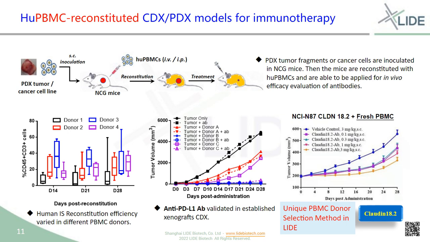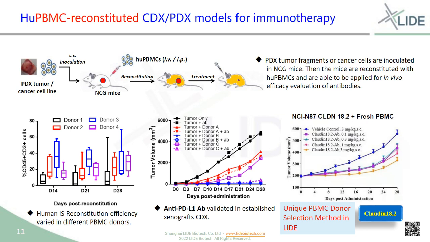We know that different PBMC donors have various T-cell reconstitution rates as well as anti-tumor effects. But using our unique PBMC donor selection method at LIDE, we can easily check the in vivo efficacy of IO drugs. Here I show an example of gastric cancer that was well suppressed with increasing doses of anti-Claudin 18.2 antibodies.